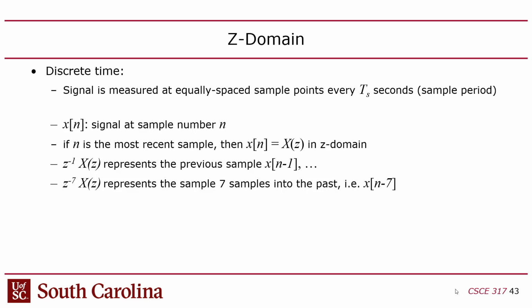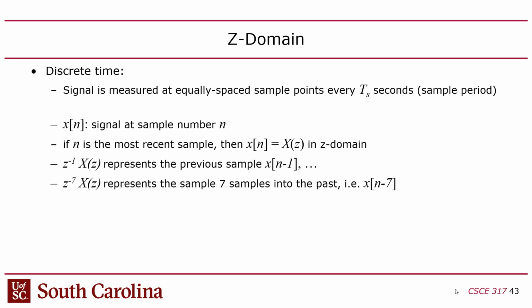So for example, if you have z to the negative first power multiplied by x of z, right? Notice I went back to parentheses there. So brackets in the time domain, parentheses in the z domain, I think. But anyway, z minus 1 times x of z means whatever x was in the immediately preceding sample, one sample ago, right? Or you could say z minus 7 times x of z is 7 samples in the past, right?